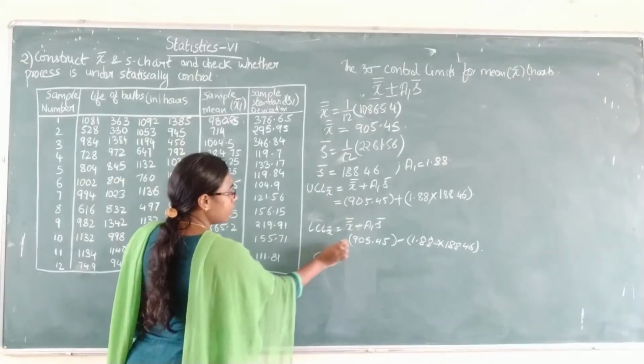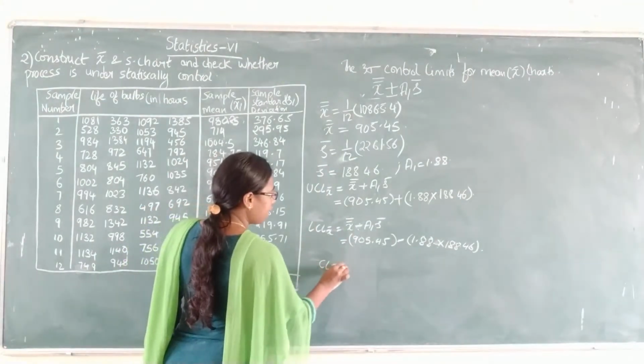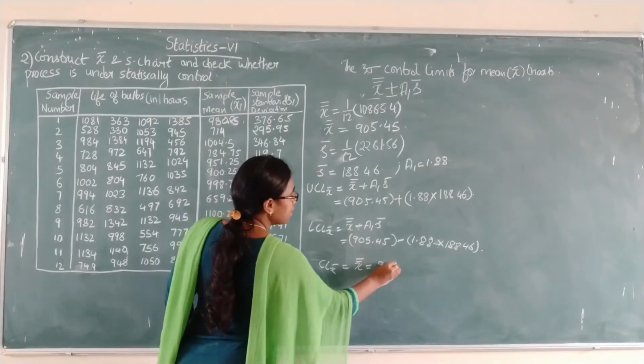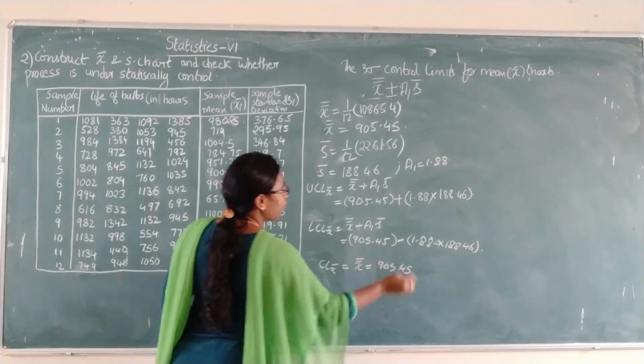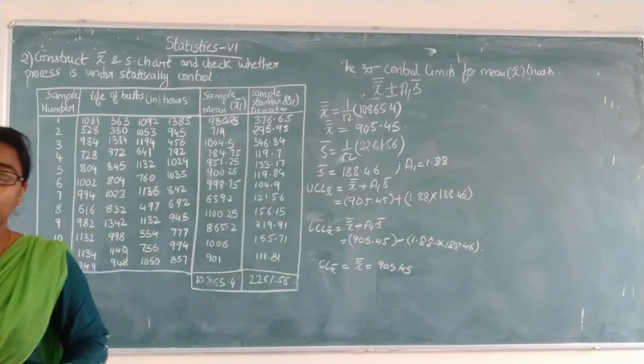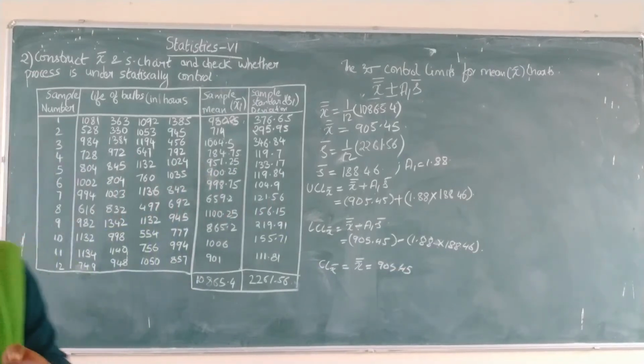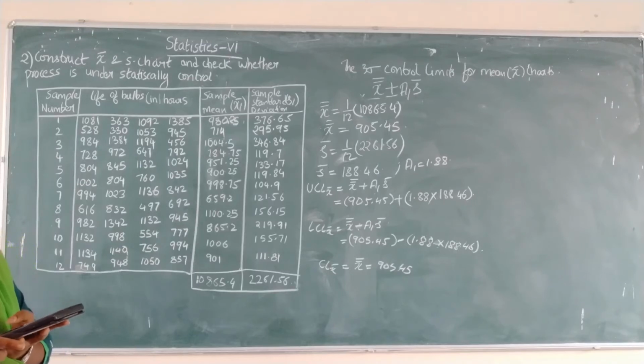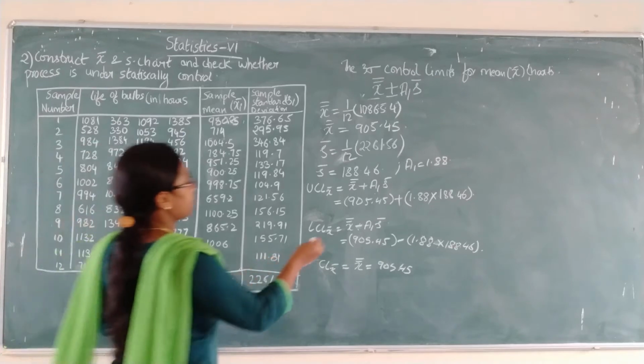Next is CL of x bar, which is nothing but x double bar, equals 905.45. Now find the UCL value. Take your calculators and calculate; the answer is 1244.6.